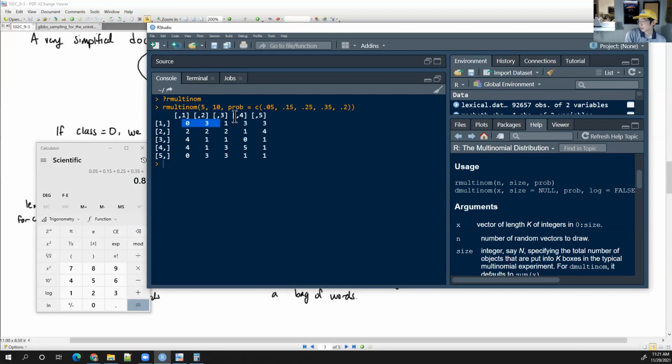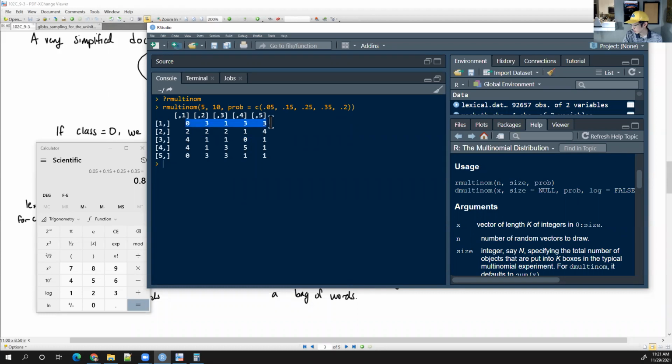In each sample, we're generating 10 random values. So each row adds up to 10. Wait, what's going on? Oh, each column adds up to 10, sorry. Each column, 0, 2, 2, 4, 4 adds up to 10. 3, 2, 1, 1, 3 adds up to 10. 1, 2, 1, 3, 3.